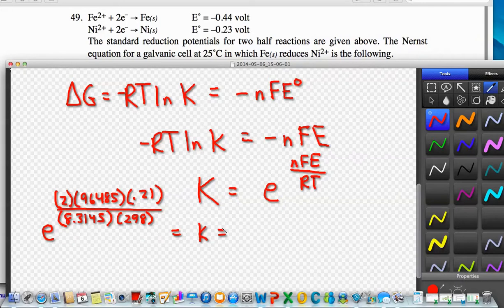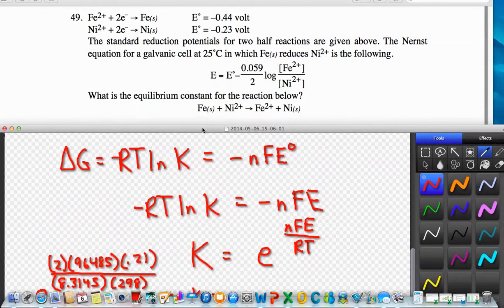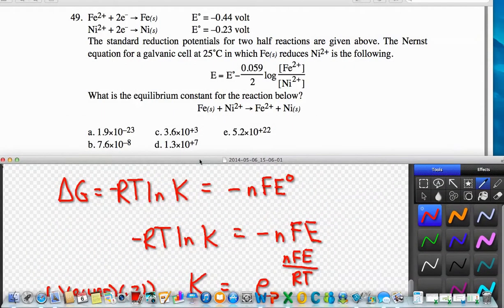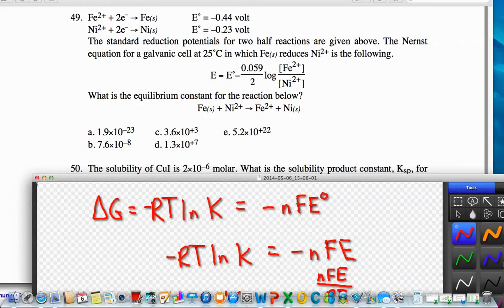So now I'm going to take the base e of that value, and I get 1.26 times 10 to the 7th, it looks like. So that's going to be answer choice D. Number 49, the credited response is D.